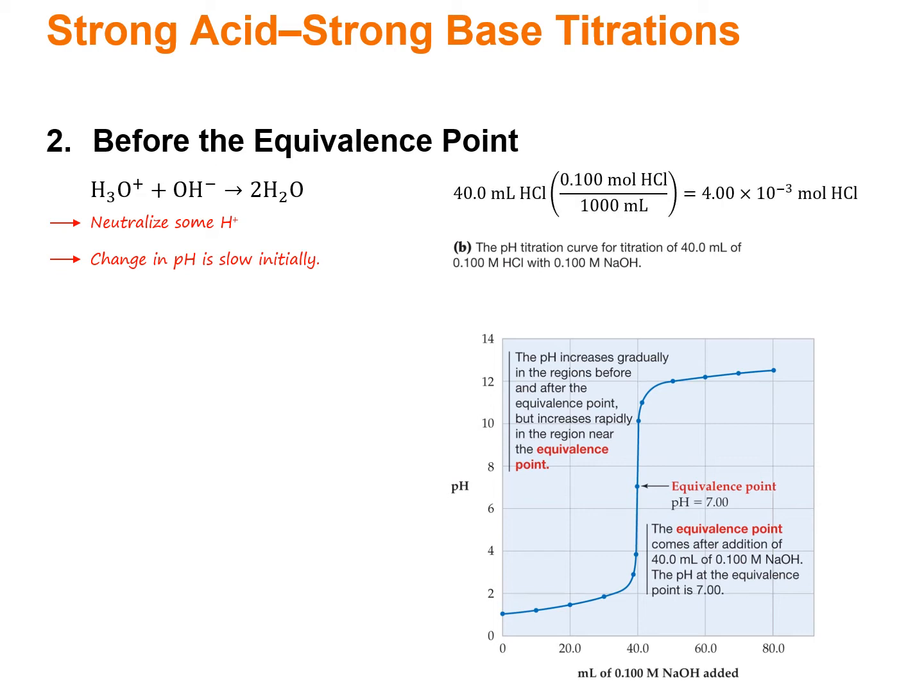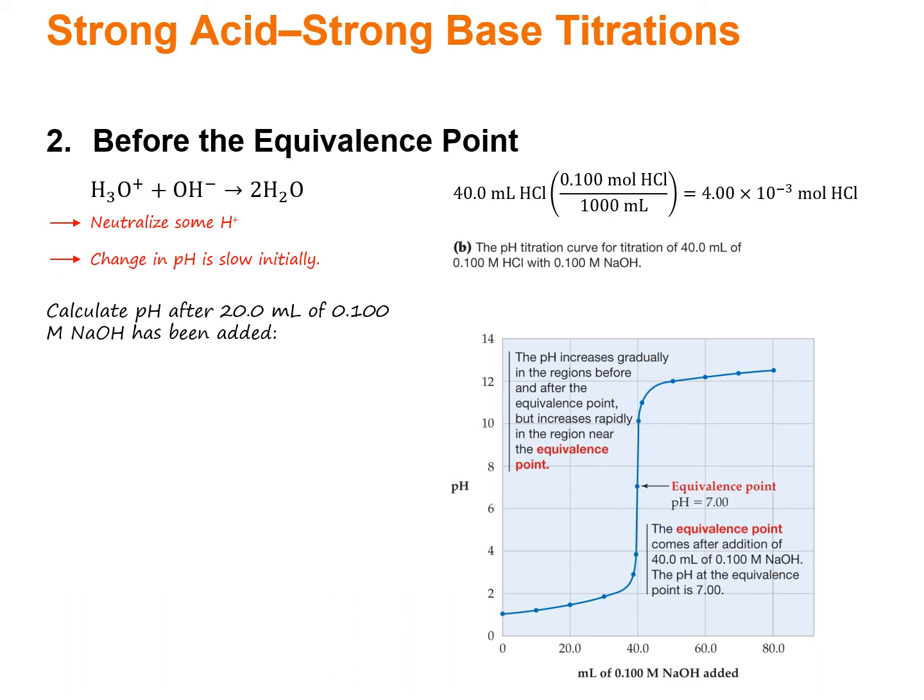One of the things we will keep in mind as we keep going through this is that if we have 40 milliliters of HCl at 0.1 molar, then we can calculate that to be 4 times 10 to the minus 3 moles of hydrochloric acid. That is the same as 4 times 10 to the minus 3 moles of hydronium ion present. So that's how much we have to neutralize. Let's just take the halfway point.